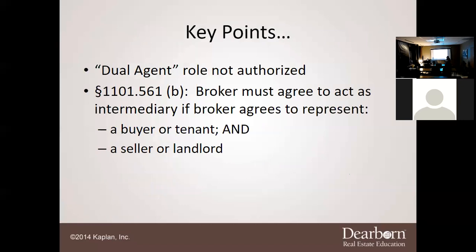So, our key points for this evening. Remember, the dual agent role is not authorized. The broker must agree to act as the intermediary if the broker agrees to represent a buyer or tenant and a seller or landlord. The key words there: broker must agree.